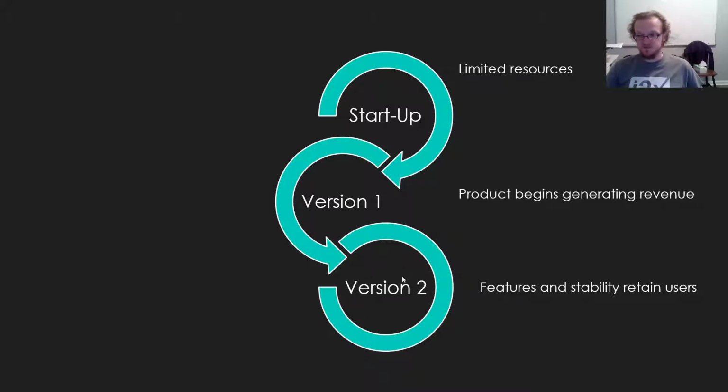So with version 2, the idea is that you would add new features that make people happy, and fix any stability issues caused by that go-to-market pressure, the idea that you have to go to market quickly, else your timer runs up and you run out of operating cash.